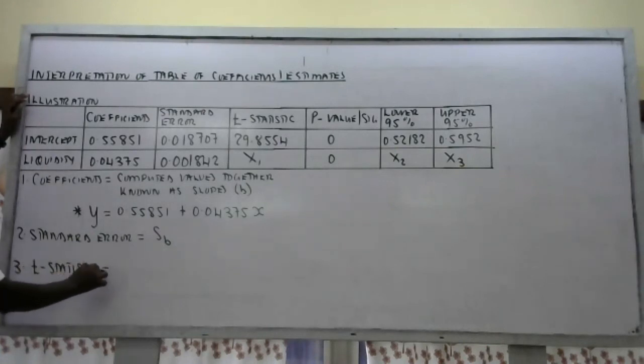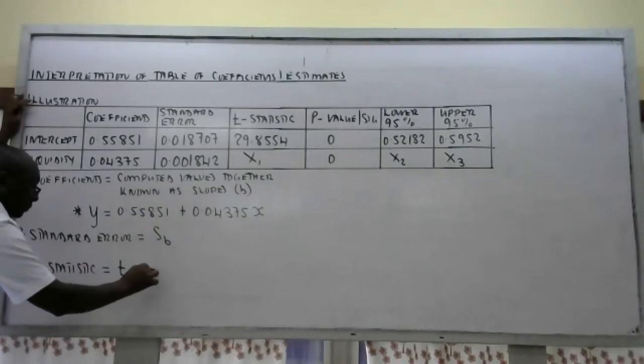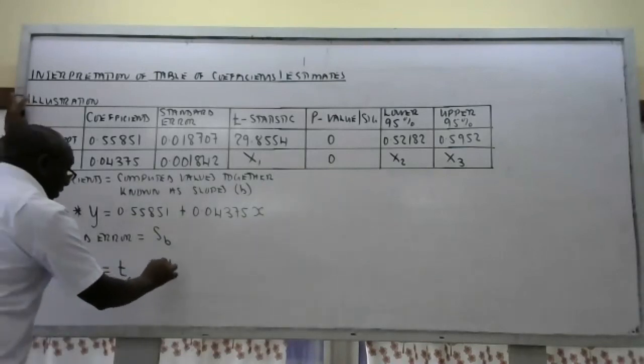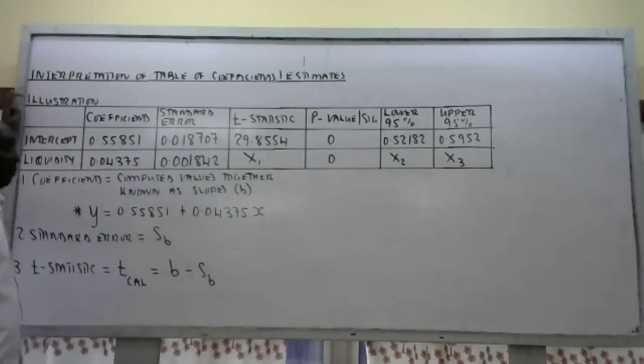T statistic, it is what in our notes we were calling T calculated. And this T calculated, we said it is B, you divide by SB. That is the formula that we gave.